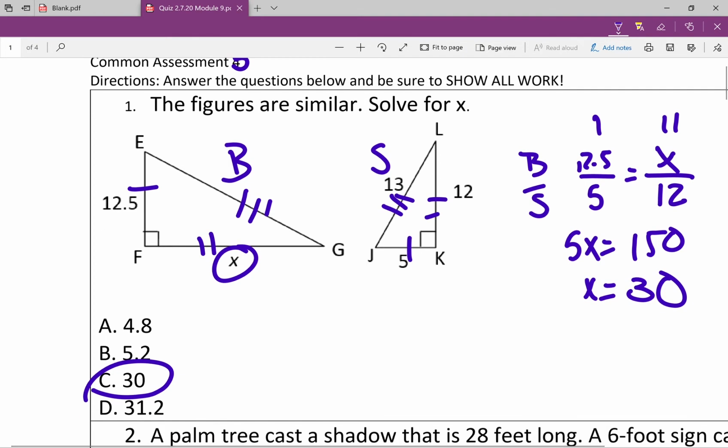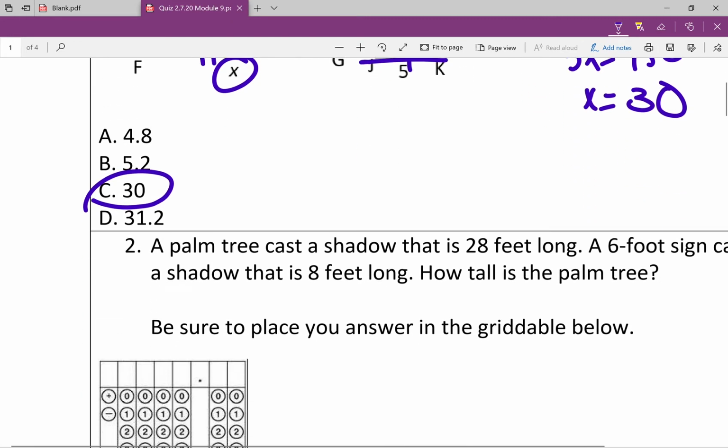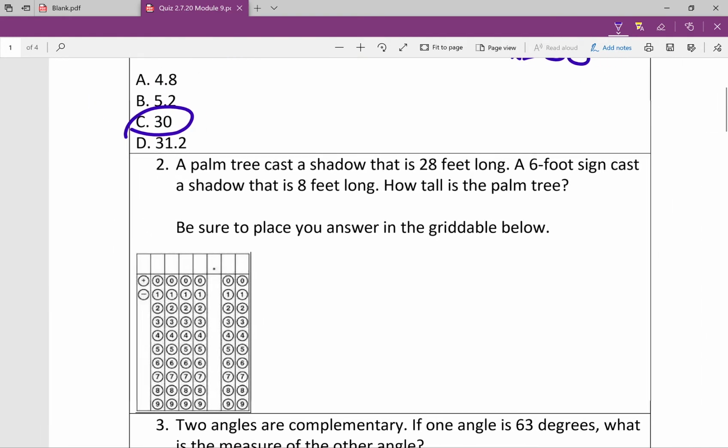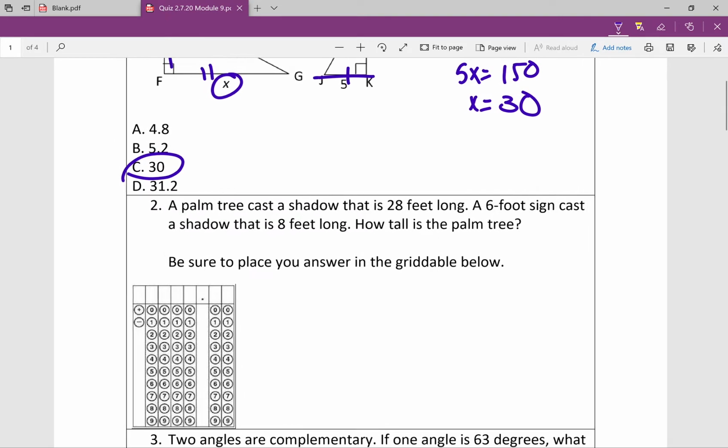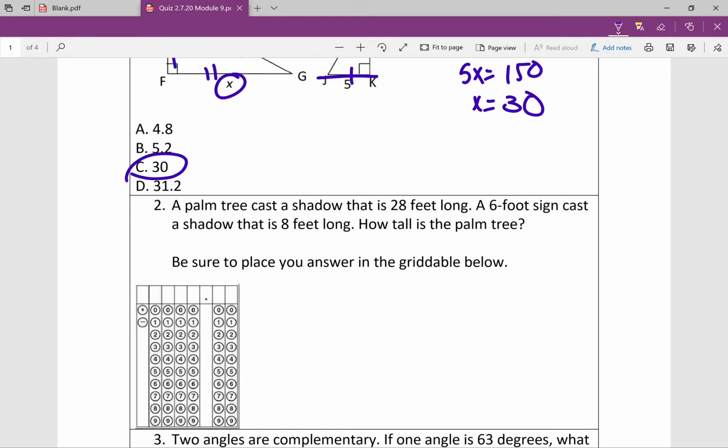Again, you have to recognize which ones are the corresponding sides and start from there. Next one, another proportion problem. We have a palm tree that's casting a shadow and a 6-foot sign. So we have a palm tree and a sign, and I have the height and the shadow.